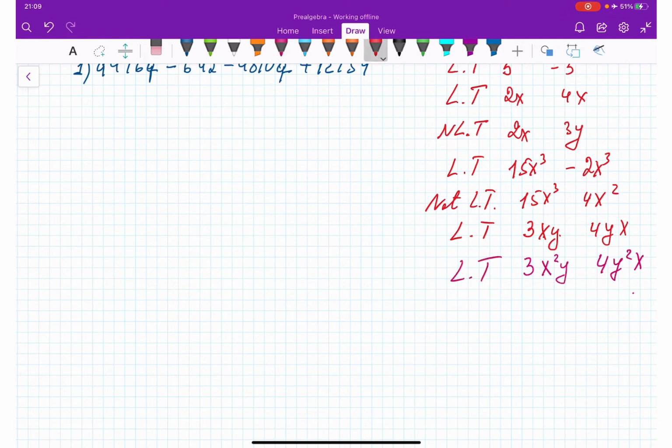So I have to put, for example, 3x squared y, and then here should be 4yx squared. Then those would be like terms, because on both sides y has degree 1 and x has degree 2. Are we good?